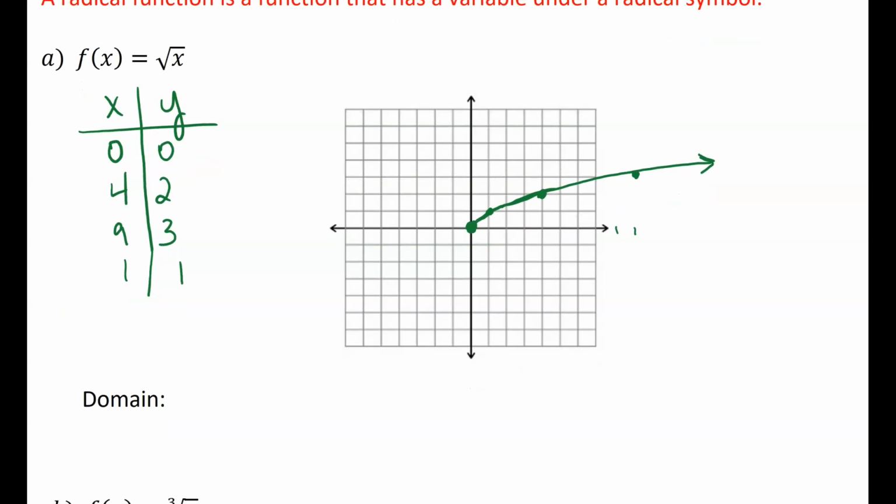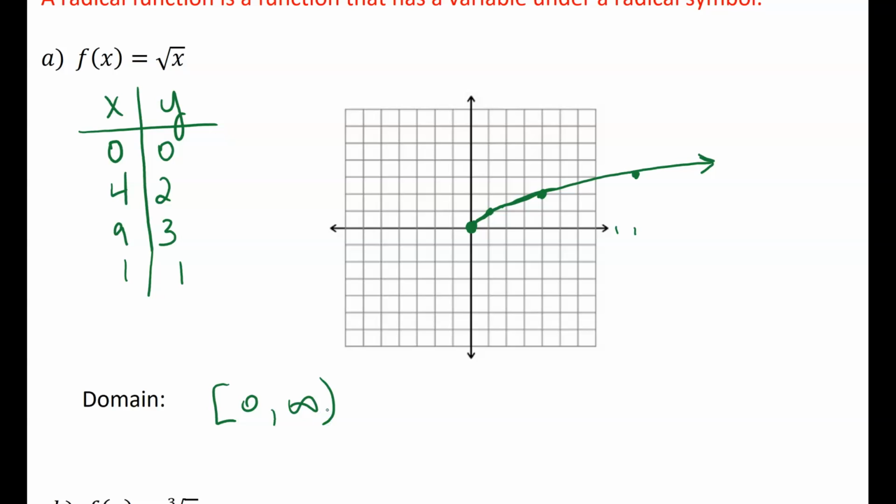So when we talk about the domain, how would we want to state the domain? Yes, 0, infinity. Is it a hard bracket on infinity? No, soft. Sorry. Yeah, always soft on infinity.